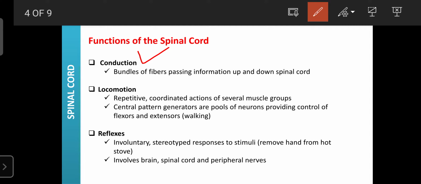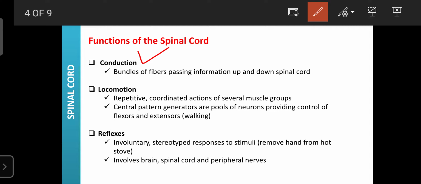That's why it is involved in the conduction of nerve information or impulses both upward as well as downward.